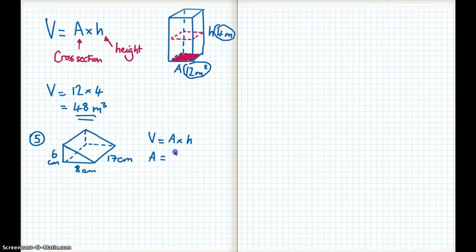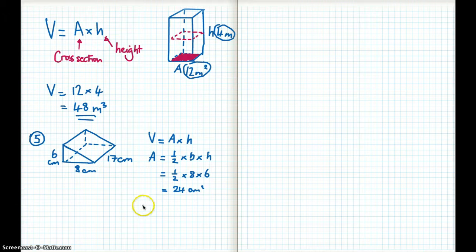Area equals half times base times height of a triangle, and for this particular triangle it's a half, what's the base? 8 centimeters, times the height, which is 6 centimeters. So a half times 8 is 4, and 4 times 6 is 24 centimeters squared.